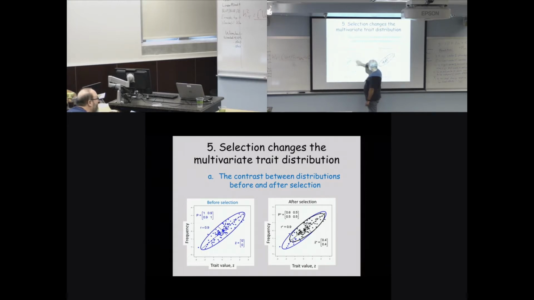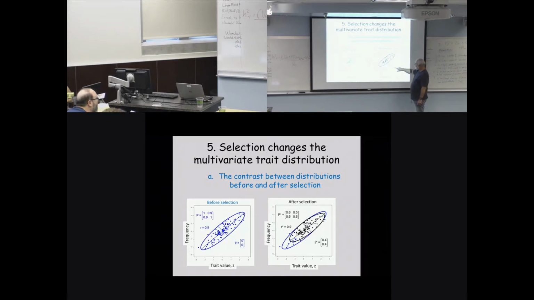And this is the 95% confidence ellipse, and here's our principal component 1, principal component 2, leading and trailing eigenvectors, if you like. I've exerted some selection, and then here's the distribution after selection. The mean has been shifted up by 40%.